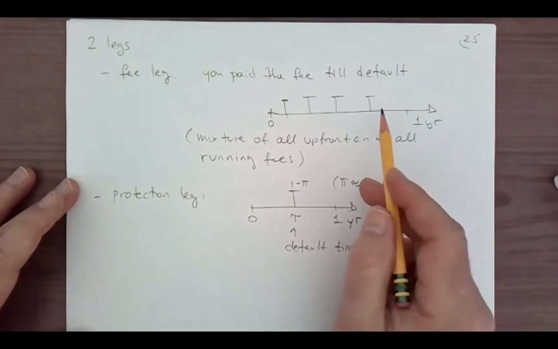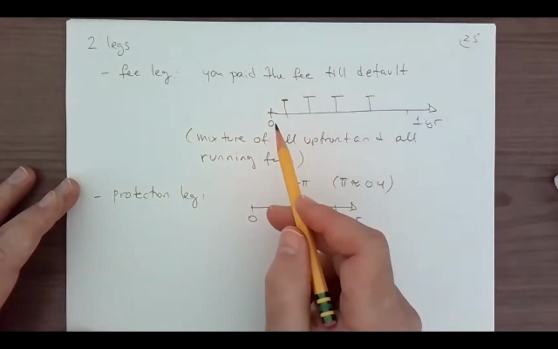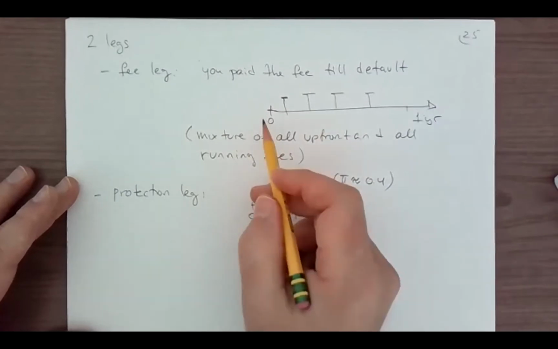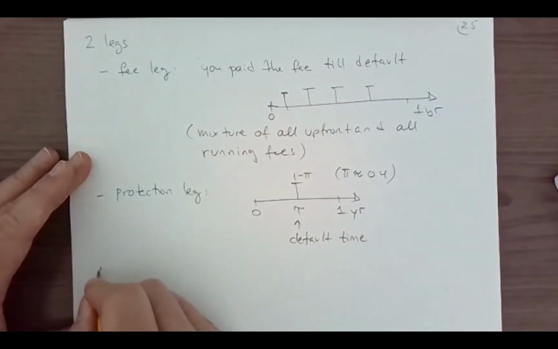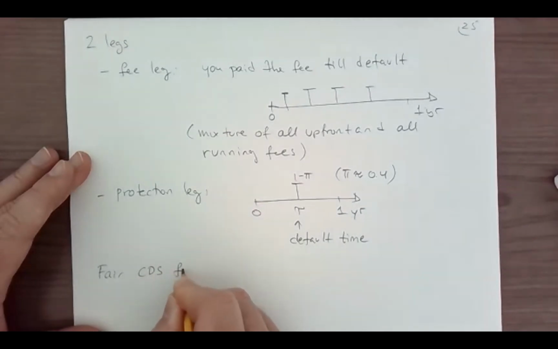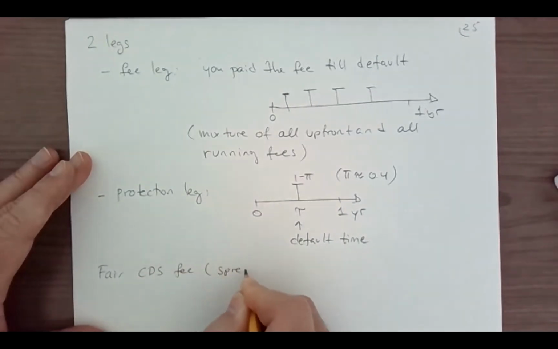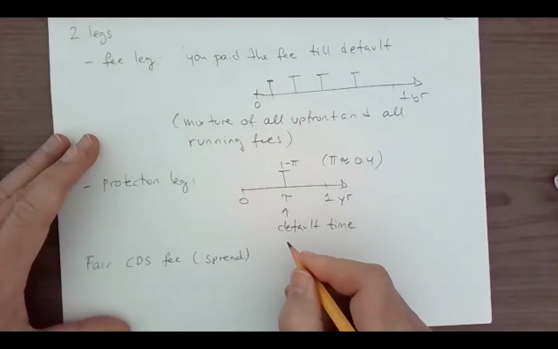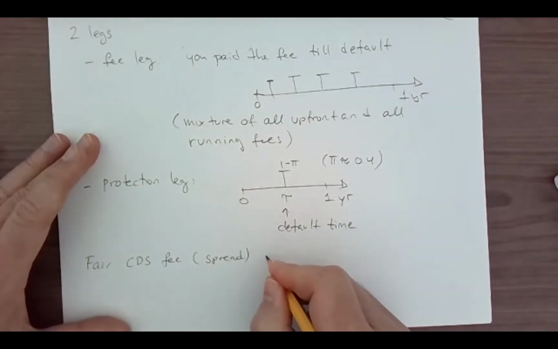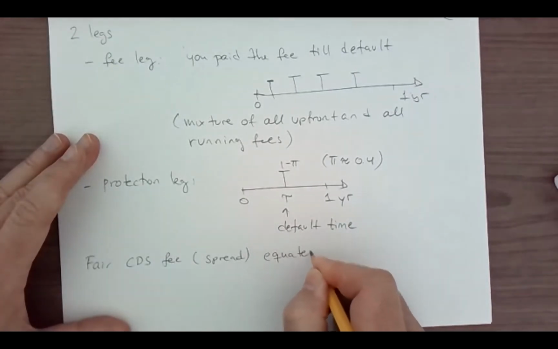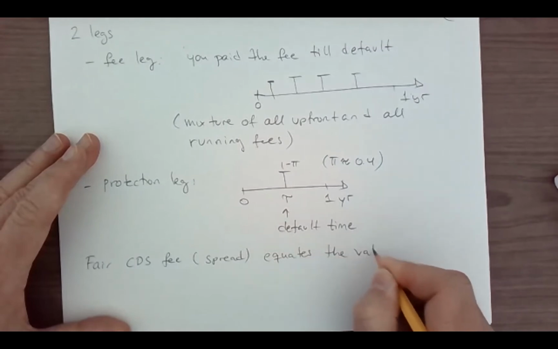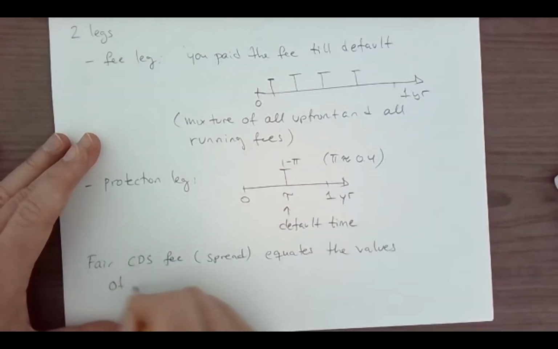You pay the fee on a running basis, say, and the way you get the fair spread, the fair fee, the fair CDS fee, this is also called the spread. The fair fee equates the values of the two legs.